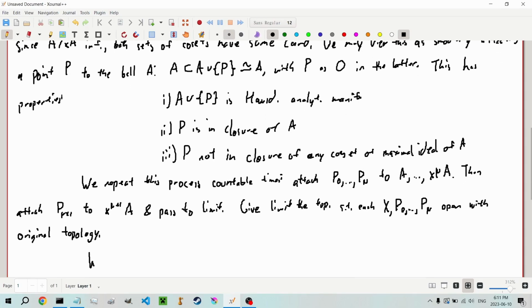And since these points are all far away, we see that x as the limit is Hausdorff.